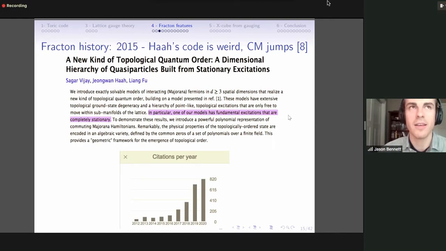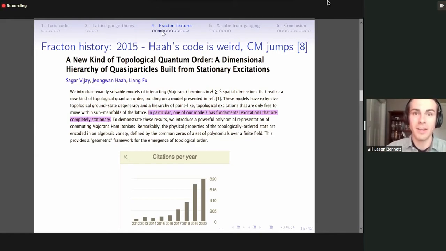Like there wasn't the other paradigm, the Landau-Ginzburg theory, and we'll get to it in the conclusion. There was no continuum quantum field theory that explained these, and one in particular, the fractons before they were called fractons, an excitation that is completely stationary. As a single object, it's completely stationary and doesn't move by itself.